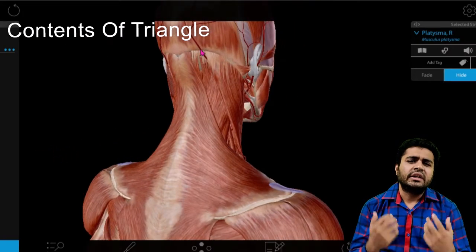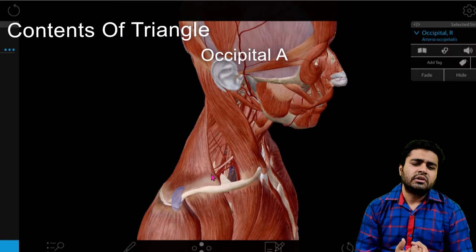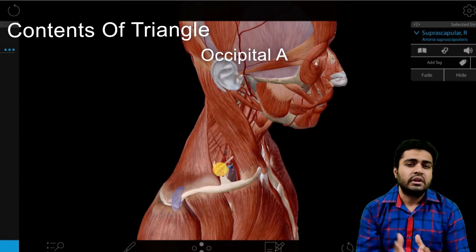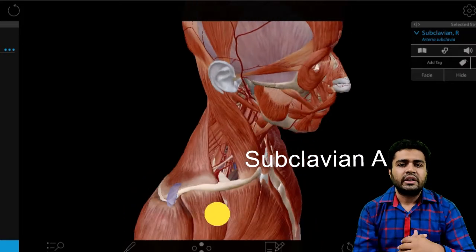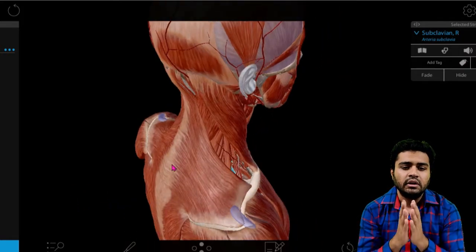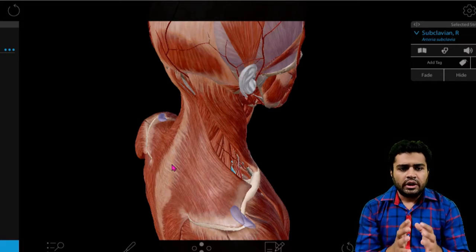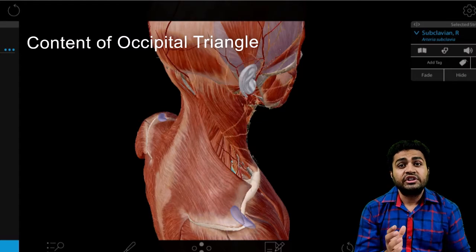Now what are the contents of these triangles? The occipital triangle is named occipital because it has one important content, the occipital artery, and the subclavian triangle is named so because of the presence of the third part of the subclavian artery. Now what are the main contents of the occipital triangle?